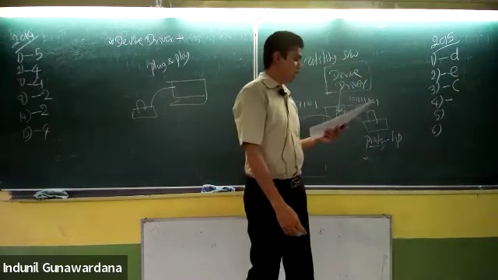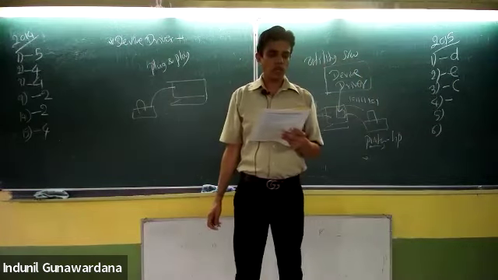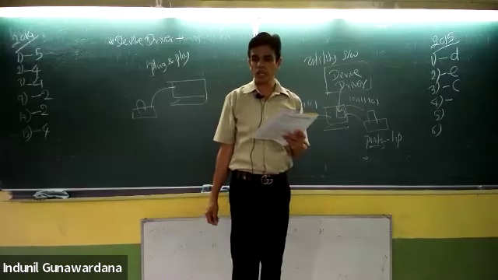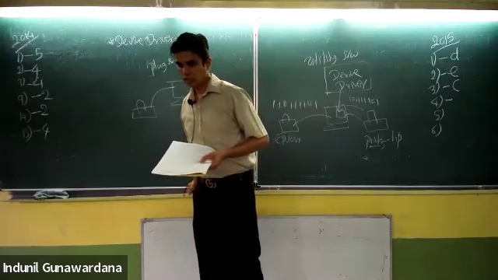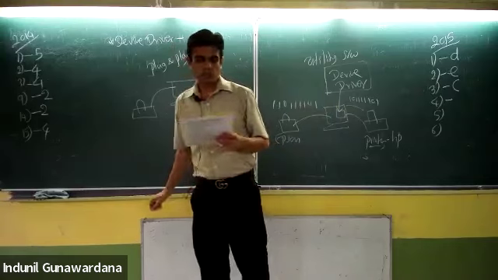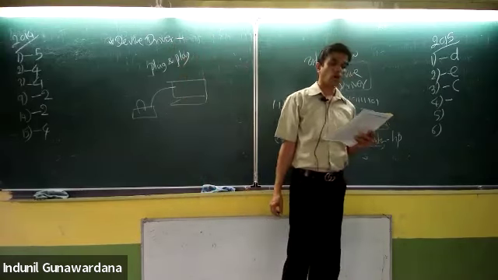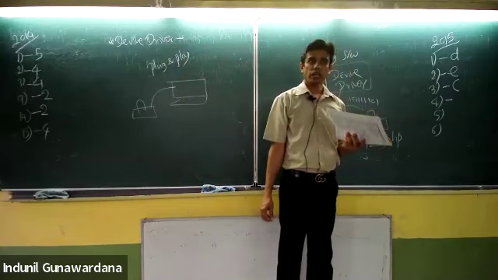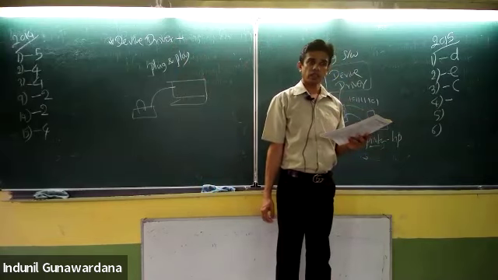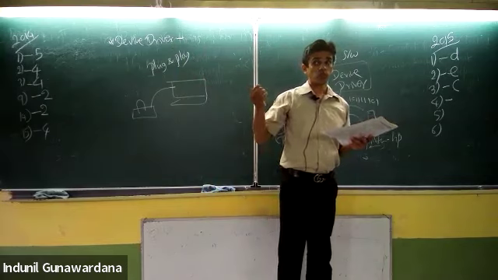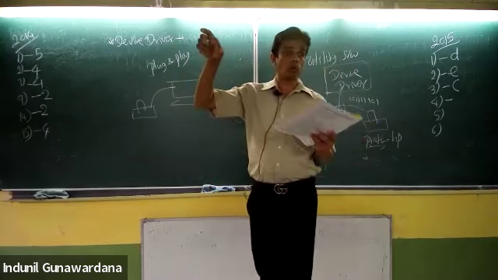Then the fourth one. Which of the following is not a typical use of RAM of the computer? Random access memory. What is it used for? To hold all the running programs, right?